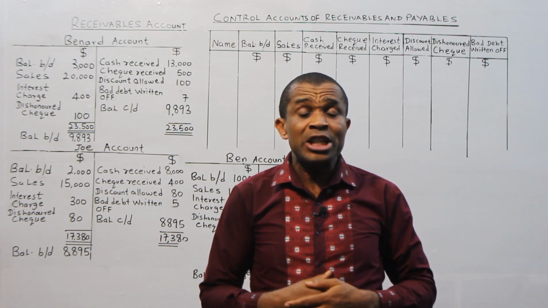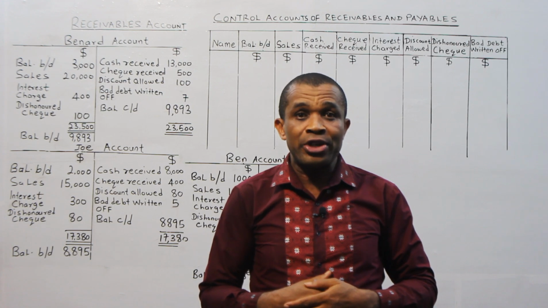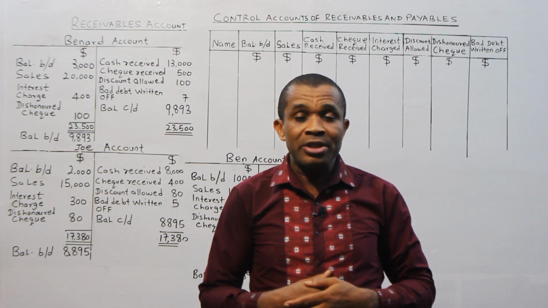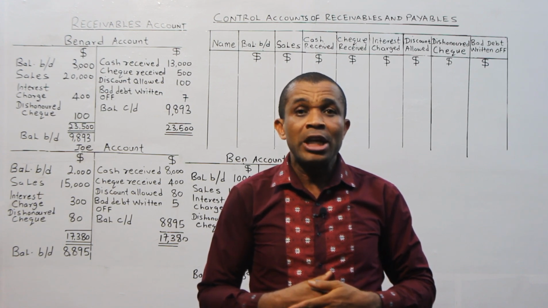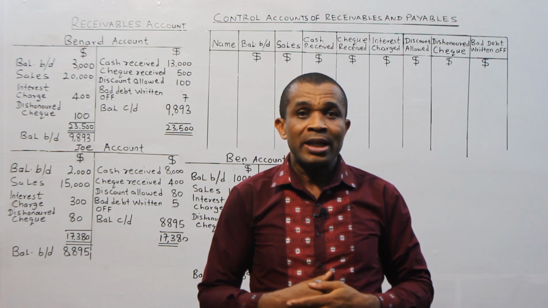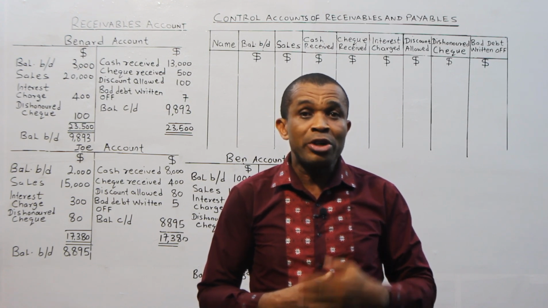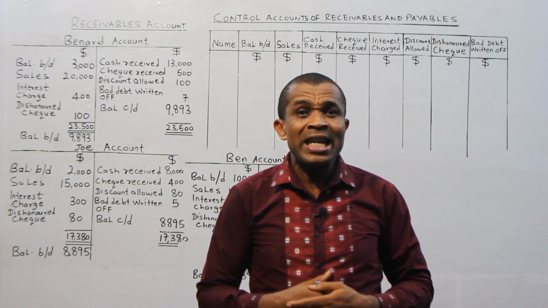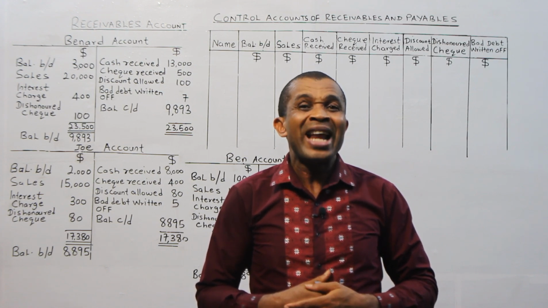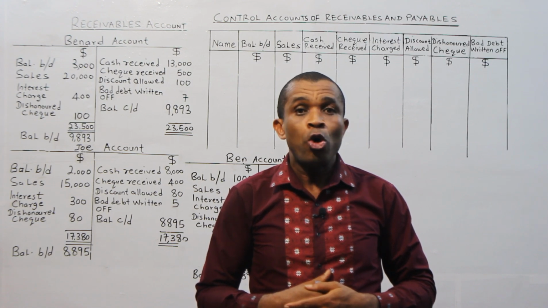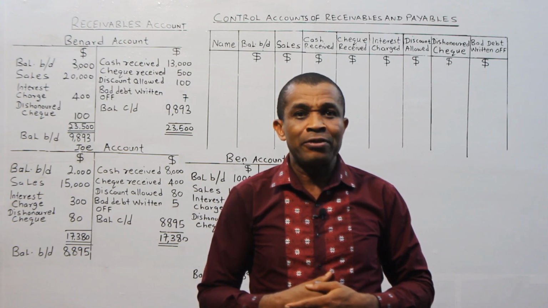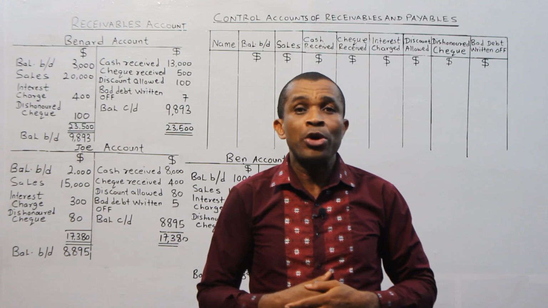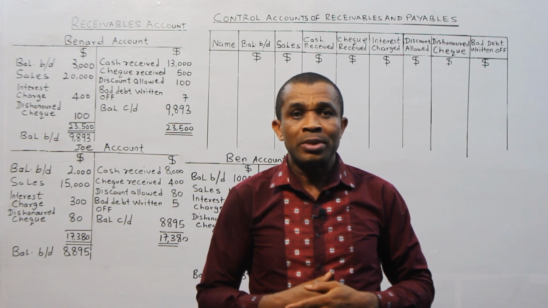Assume that an organization has 500 of these receivables. There will be a lot of accounts in the company's book representing receivables. Of course, each receivable will have an account open on their behalf, showing that they are owing the organization.